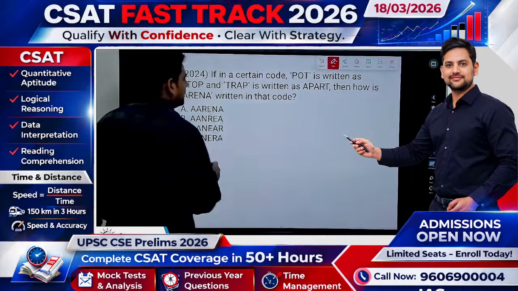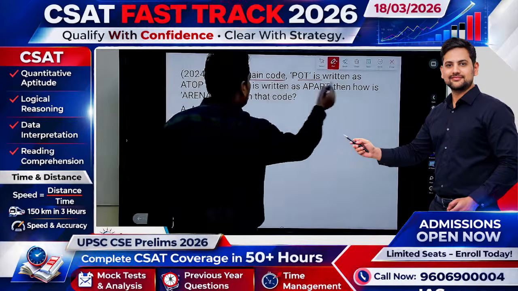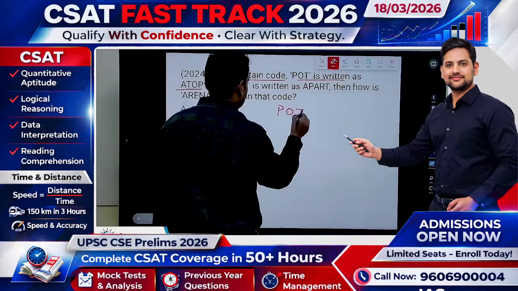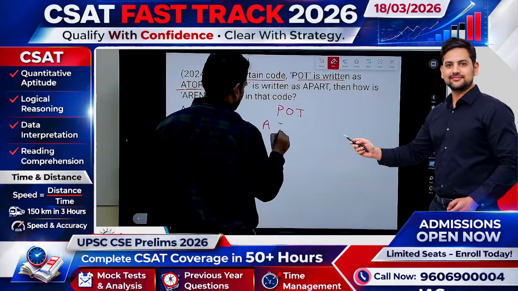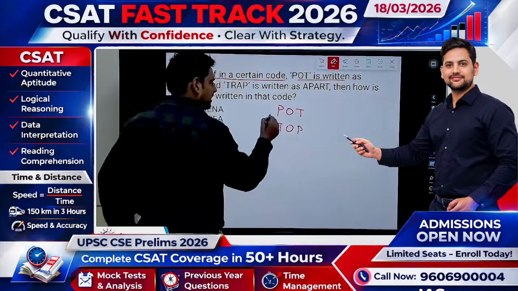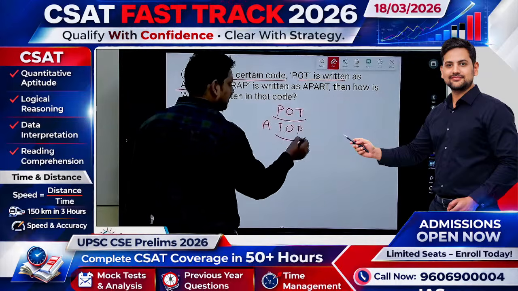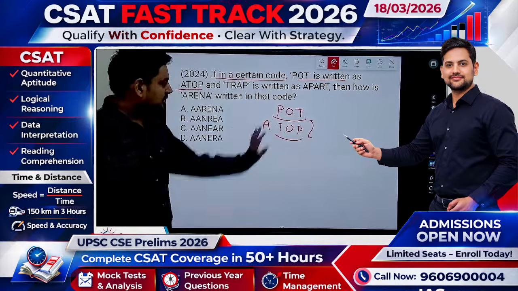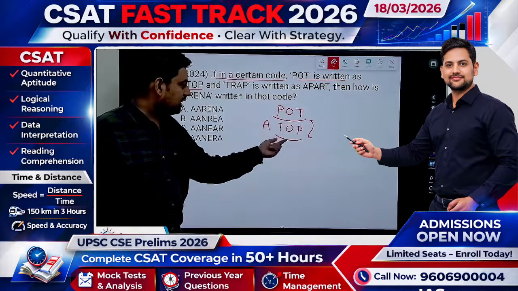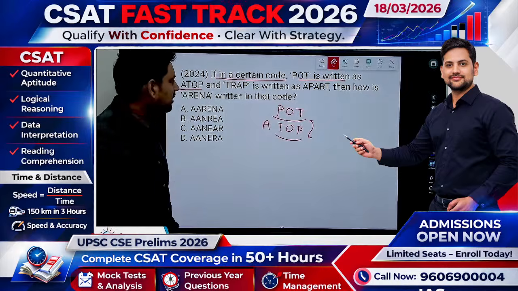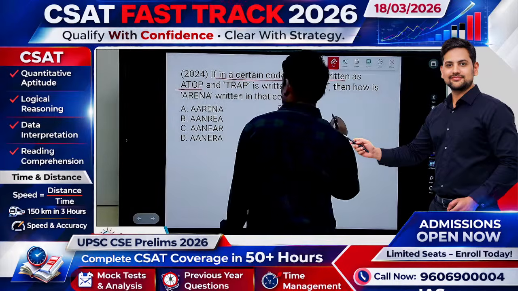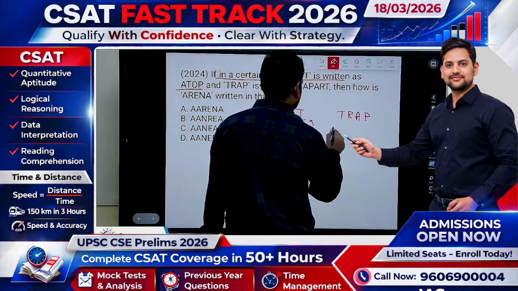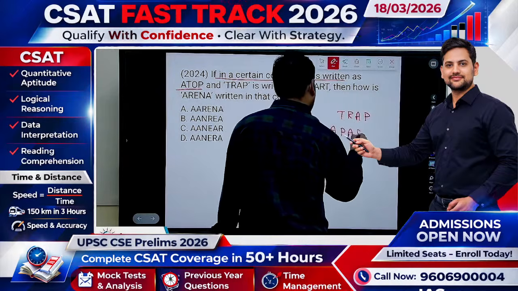What is it? If a certain code pot is written as a top. Okay, so pot is written as a top. What is this? This we have completely rotated like a palindrome. So we have just rotated it and added an a to it. Similarly, if you see trap, in trap also what we did, we wrote it as apart.